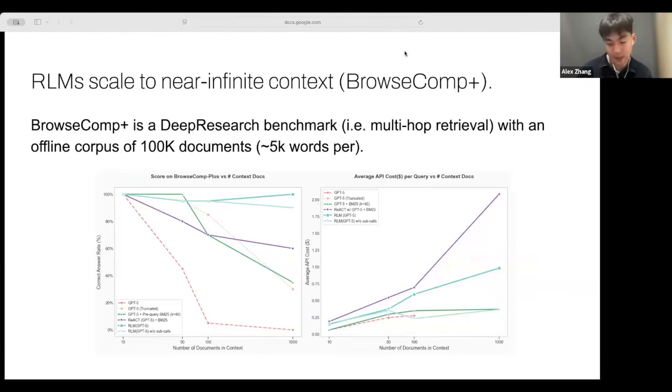And this is not that surprising, right? The reason why this isn't that surprising is that generally when you're doing this kind of retrieval type thing, you can do a lot of these things in code as well. You can do this by sub-querying models over your corpus, or regex grepping for certain things or certain articles, and then subcalling a model over the article to check that it's correct.